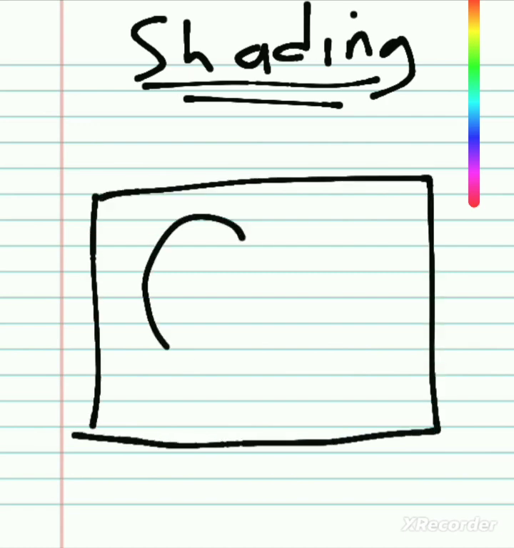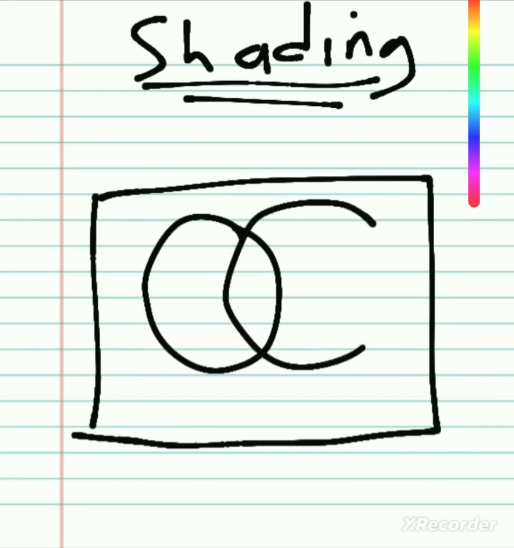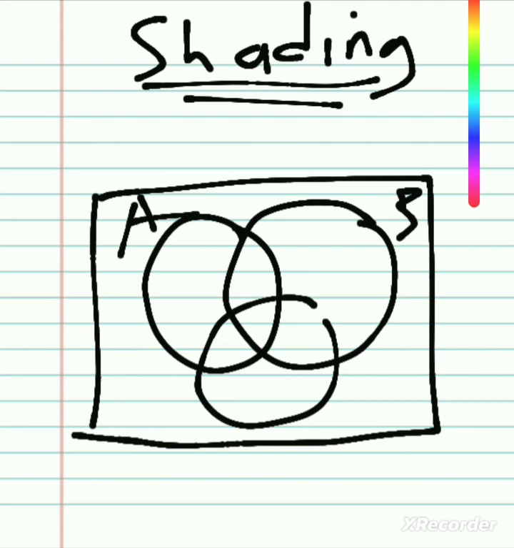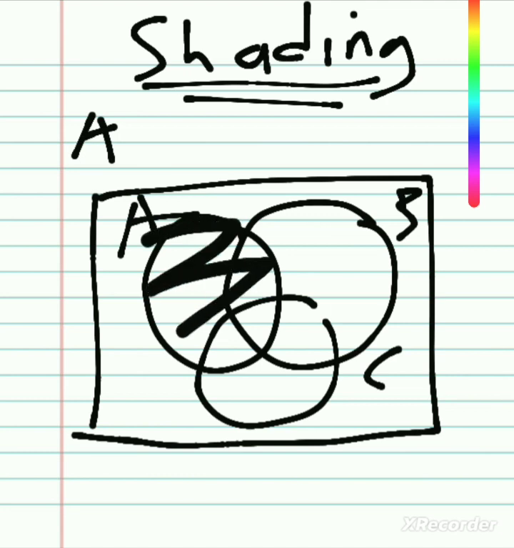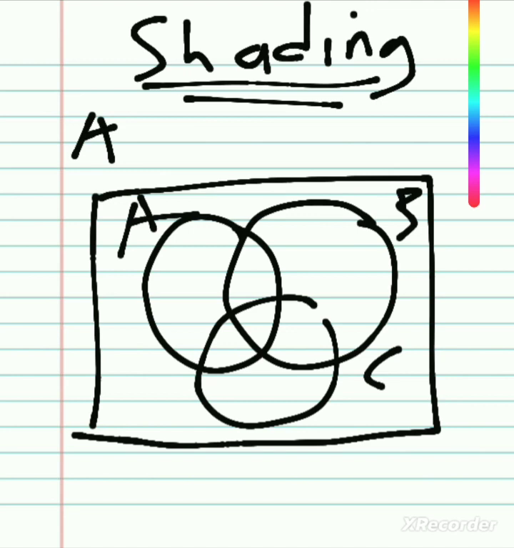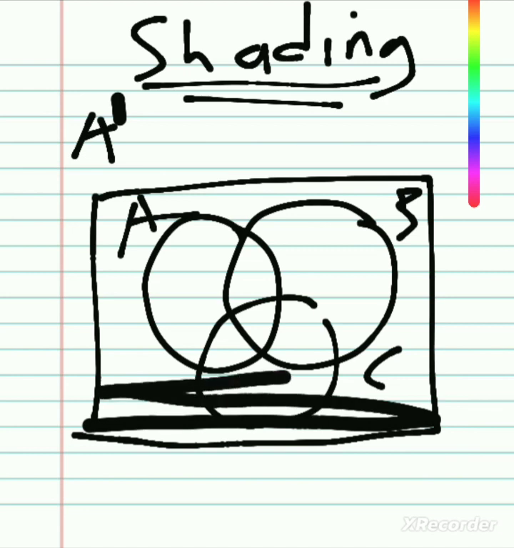So if we have three sets, A, B, and C. If they say shade A, they just want you to shade A, which is this. This is A. So you just have to shade A without being worried about B and C. If they say shade A complement, they want you to shade everything outside A. So they are talking about this.